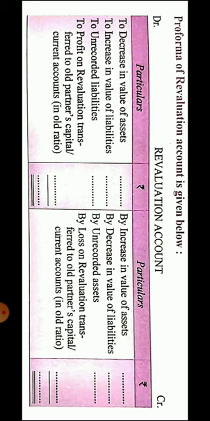After preparing the complete revaluation account, presenting the revalued figures of different assets and liabilities, the balance will be either a profit on revaluation or a loss on revaluation. If we are getting a profit on revaluation, it will be a debit balance. If we are getting a loss on revaluation, it will be a credit balance.